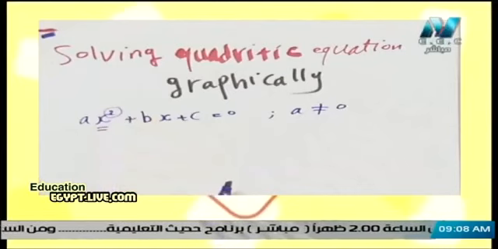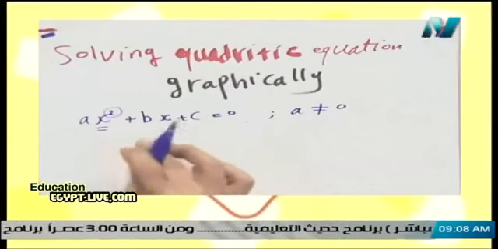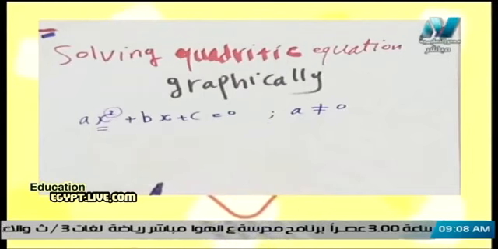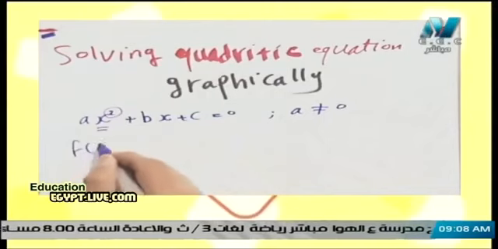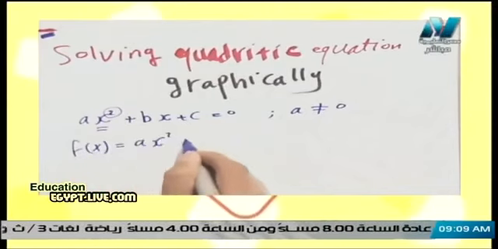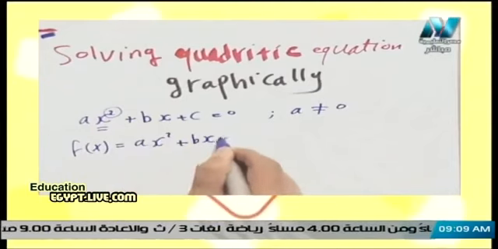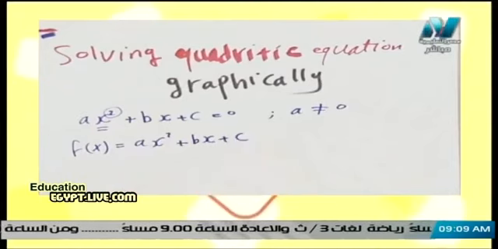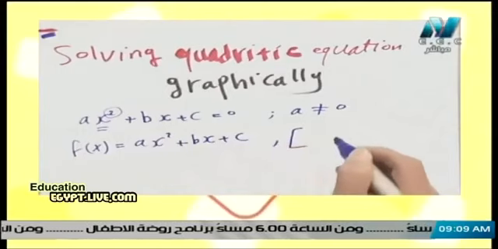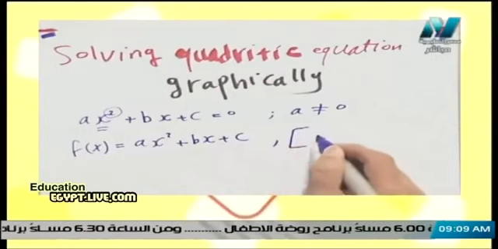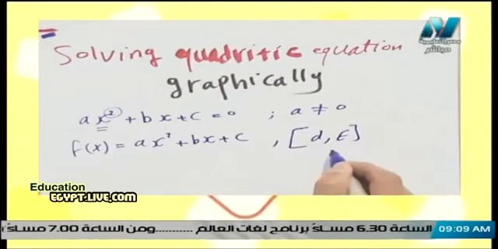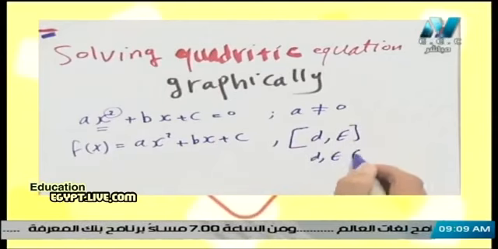So if we want to graph this quadratic function, we will write it as f(x) = ax² + bx + c, and we have a closed interval, d and e as an example, and d and e belong to R.